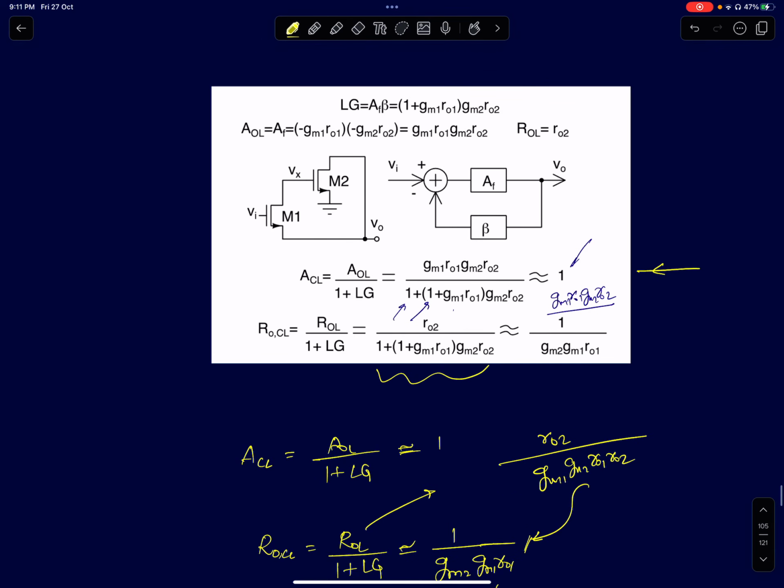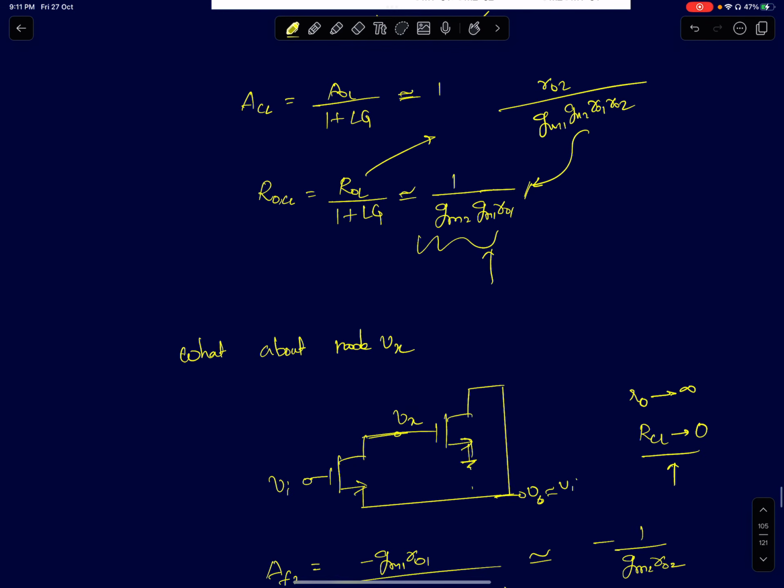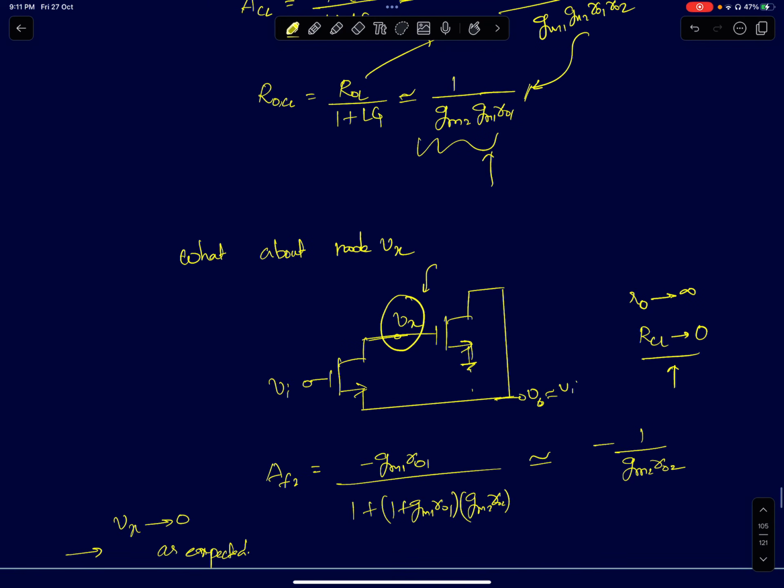So that is the output node and the input node. We said the circuit has two nodes. There is one other node, which is the intermediate node. What is the node voltage Vx? For that, again, I can use the same open loop and closed loop expressions.